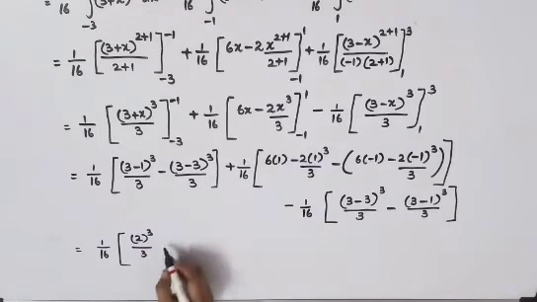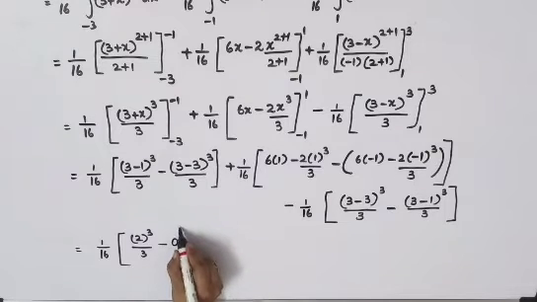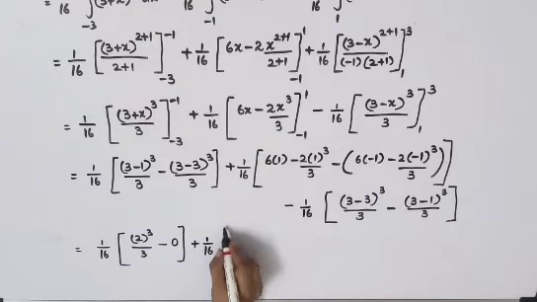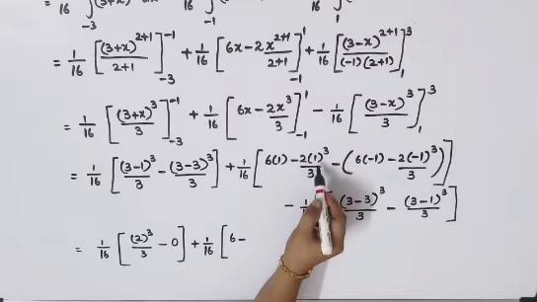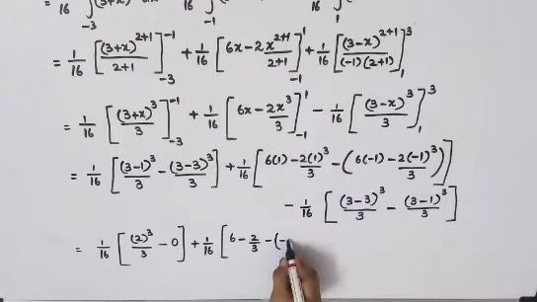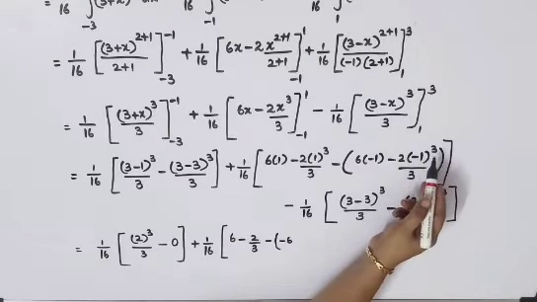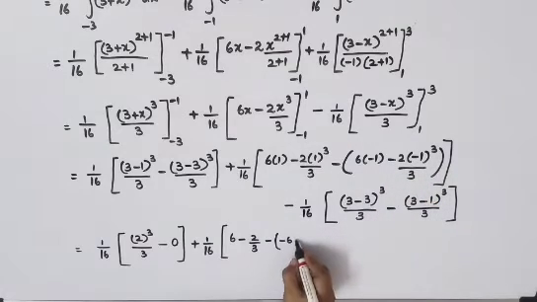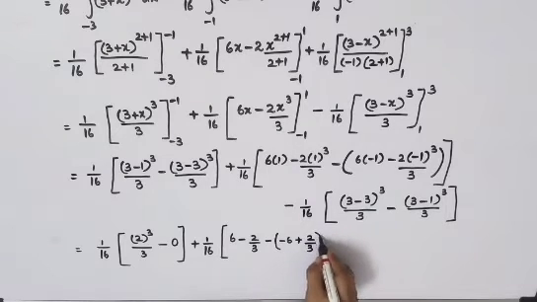So 3 minus 3 will get 0, straight away you can put 0, plus this 1 by 16, open your bracket, 6 ones are 6, minus 1 cube is there, so 1, so 2 by 3 you will get, then again minus, open your bracket, 6 into minus 1 is minus 6, here minus 1 the whole cube, so minus 1 the whole cube will get minus 1, minus 1 and minus it will become plus, 2 ones are 2 divided by 3. So do your solving slowly, otherwise you might make mistake.